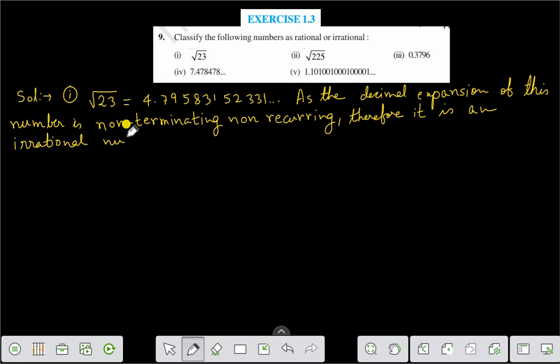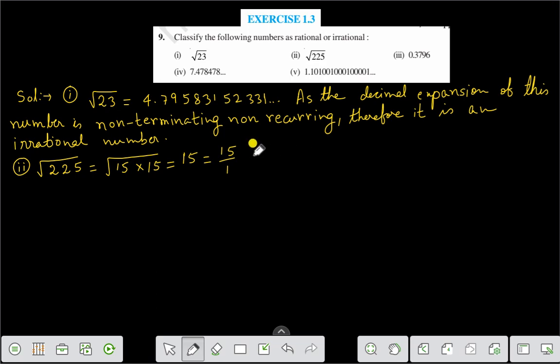Now, question number 2 is root over 225. It can be written as square root of 15 into 15, and that comes to be 15, and 15 can be written as 15 by 1, right?